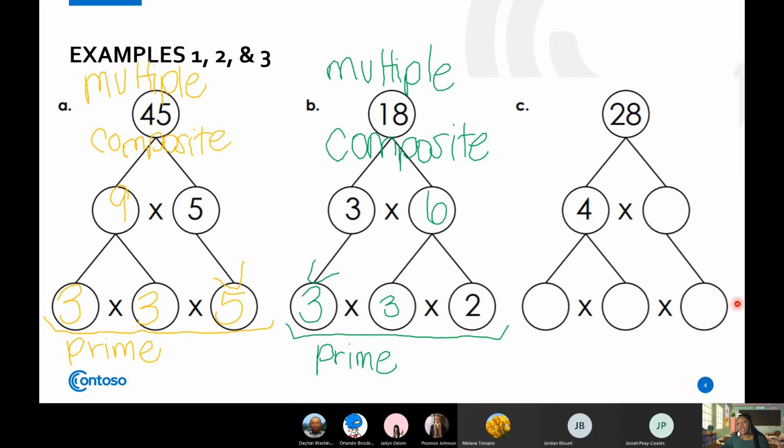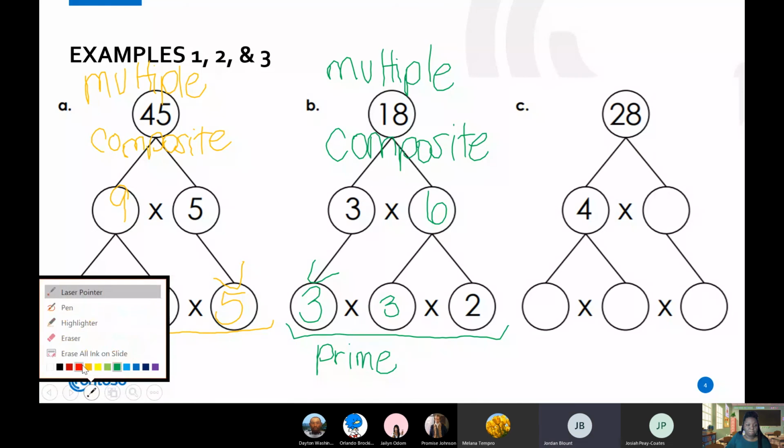And Jordan, how do I know if I've done this correctly? To see if all of the numbers on the bottom are prime. Yep, they'll be prime. And also when I multiply them together, what number would I get? What product would I get? 28.